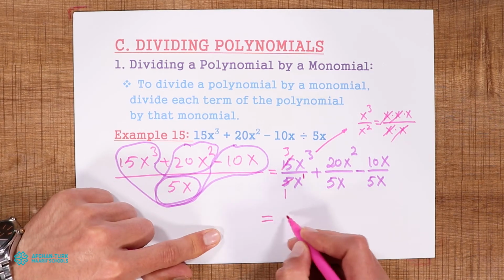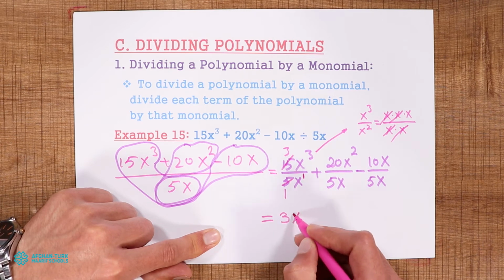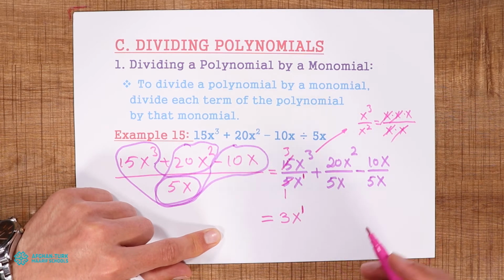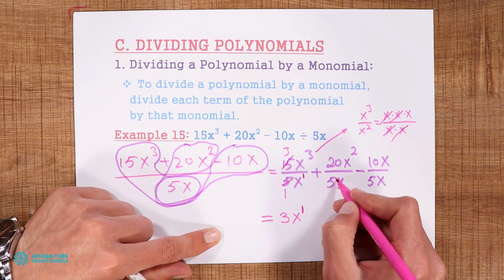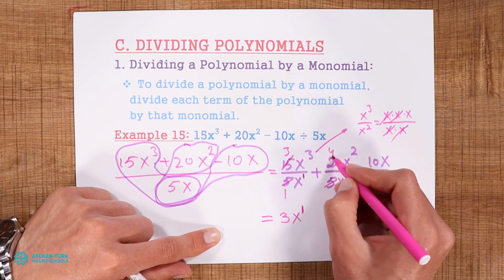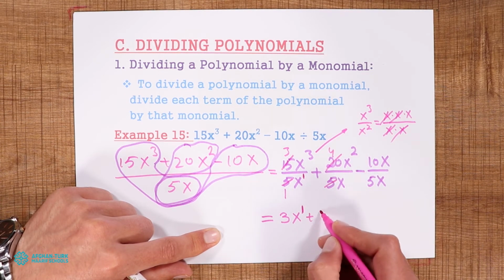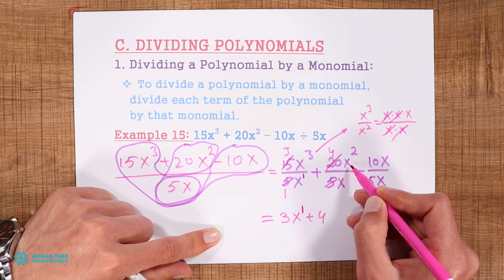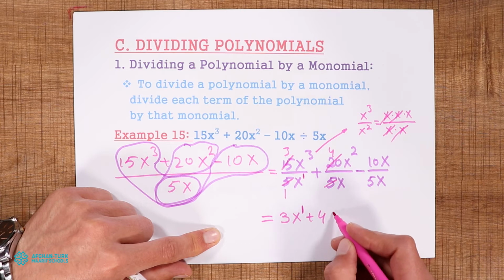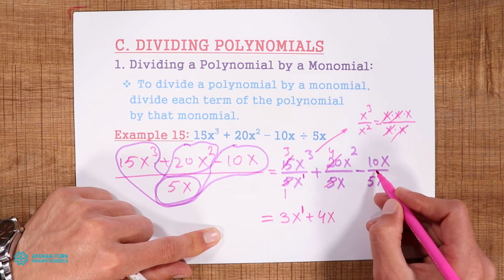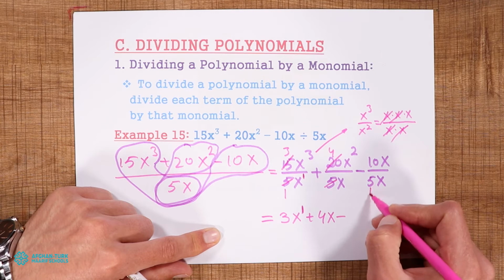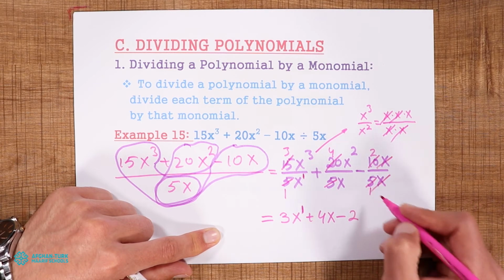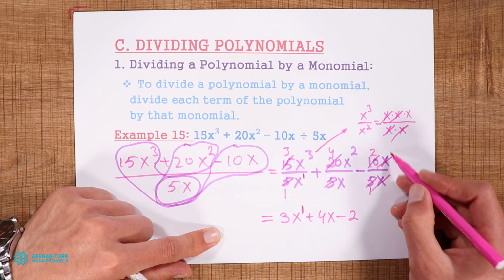So in here we will have 3x to the power of 2. For this one, 20 divided by 5 is 4, and x squared over x gives x. One x will be simplified with the x, and we will have 4x here. And after that, in here we have a minus sign. 10 divided by 5 is 2, write 2 here, and x will be simplified, or 1 minus 1 will be 0.